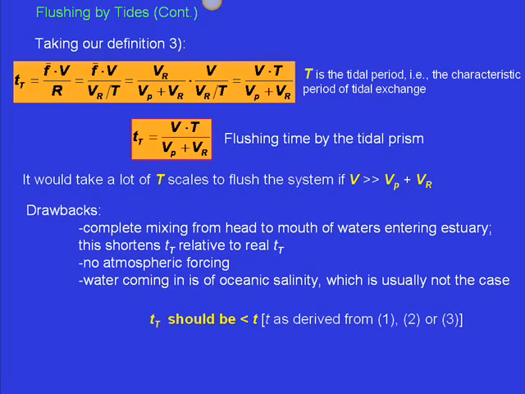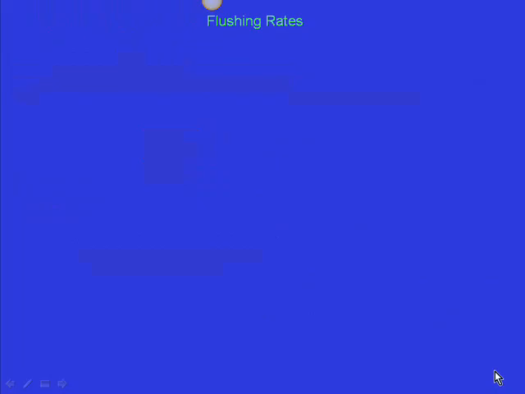Okay, so how do we overcome this? We have ways of overcoming it, and we'll talk about that in a minute. The way you do it is by compartmentalizing the estuary in segments where you can assume that you have full mixing and that the bathymetry is flat, so that's a more reasonable approach maybe.